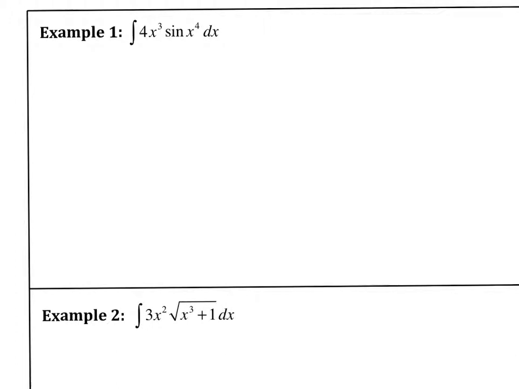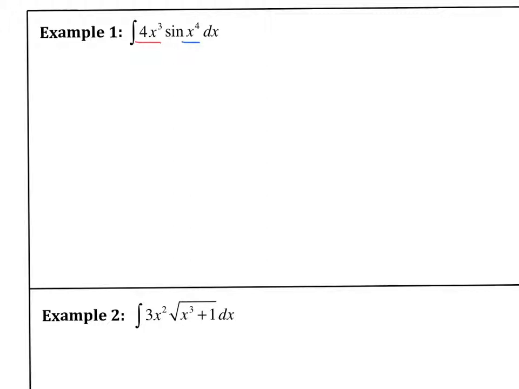Just examining my integrand, I'm going to start looking for a pattern of function and derivative. I notice that if I consider x to the 4th my function, I see its derivative right there. Notice, just x to the 4th, not sine x to the 4th.